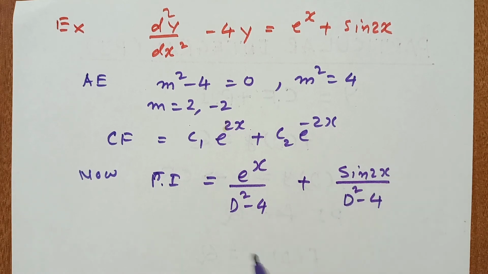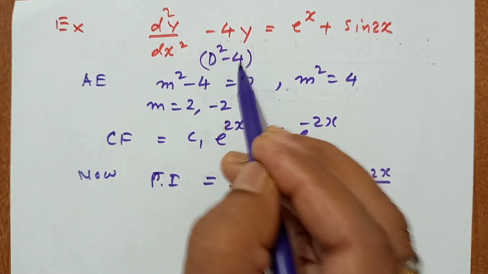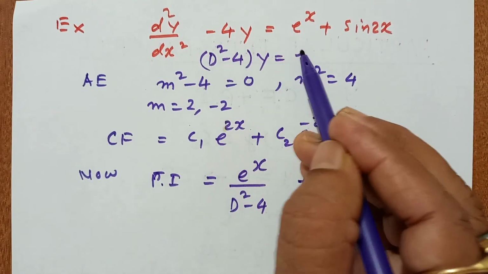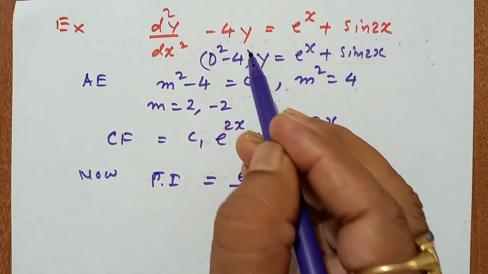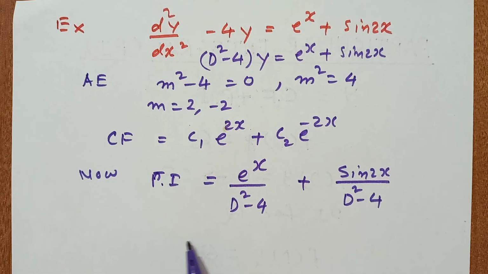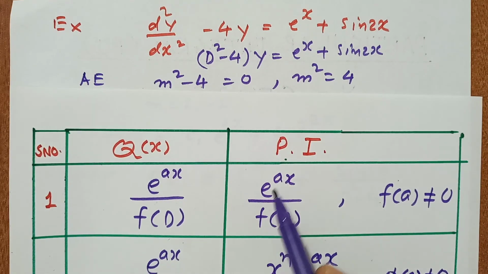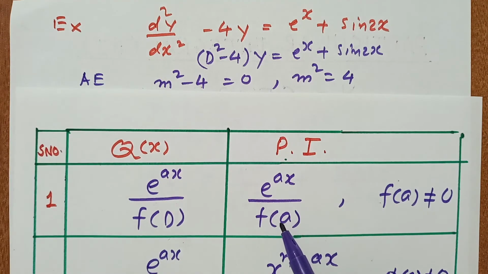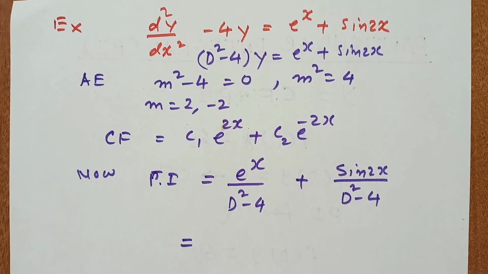This is f(D). You can also write (D squared minus 4)y is equal to e to the power x plus sine 2x. Now, as you know, the formula of e to the power ax upon f(D): e to the power ax upon f(D) is equal to e to the power ax upon f(a), that is, you put D equal to a, provided f(a) is not equal to 0.